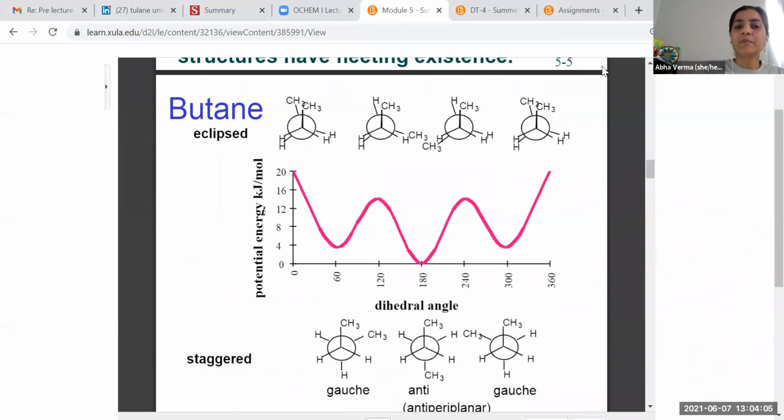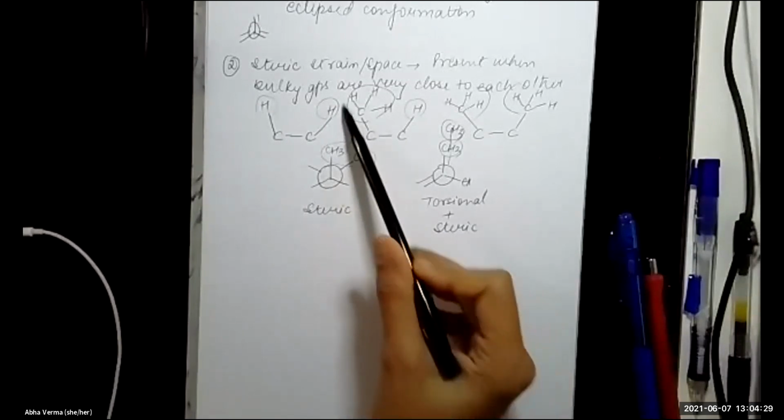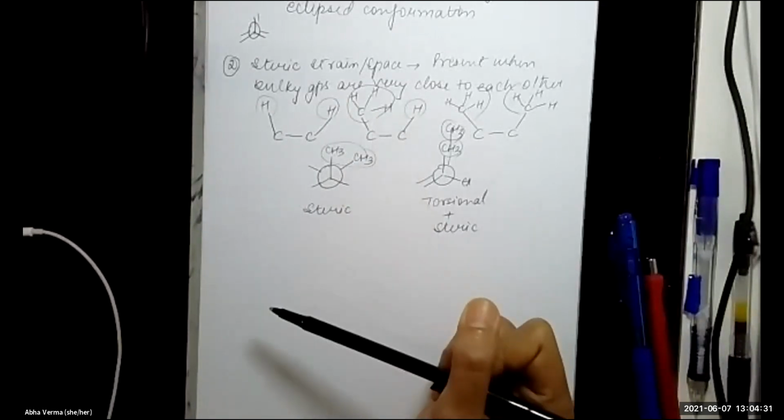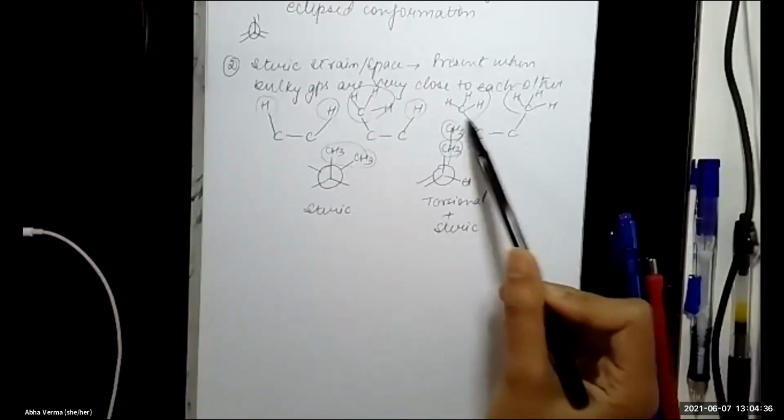This will be present every time you have any groups other than hydrogens which are very close to each other. And if you remember, I was showing you this particular example right here. When there are two carbons with just hydrogens, when there are two carbons with one methyl group and one hydrogen, and when you have two carbons with two methyl groups.